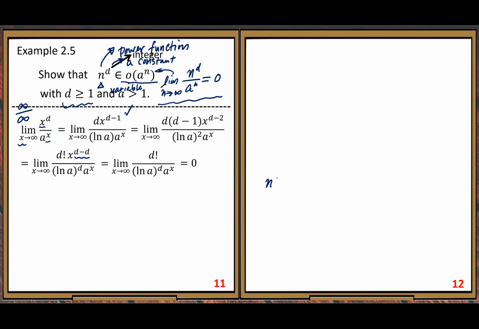Here we assume n to the d belongs to little o of a to the n, but when we use it, that d could be any positive d. Even non-integer is fine. But in my homework questions, I give you positive numbers, for simplicity.